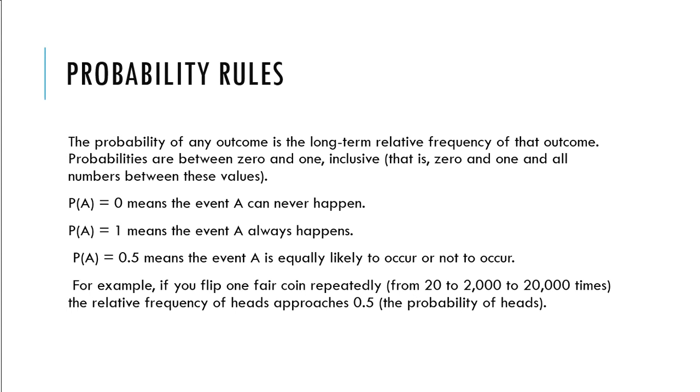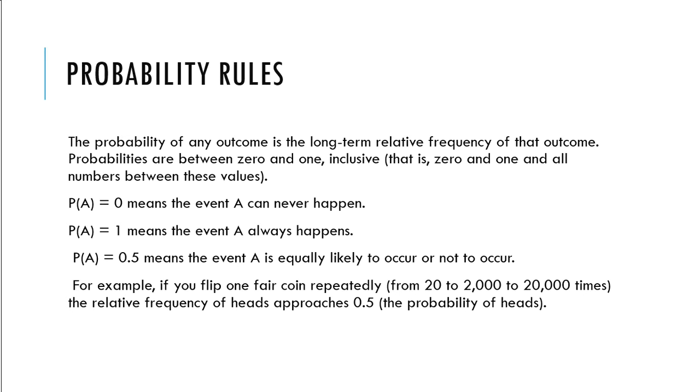So for example, if you flip a coin repeatedly from 20 to 2,000 to 20,000 times, the relative frequency of the head approaches 0.5, which is the probability of the head. What that means is if I flip a coin 20 times, I might get heads 13 times and tails 7. If I go to 2,000, it might be closer to 11 heads and 9 tails.